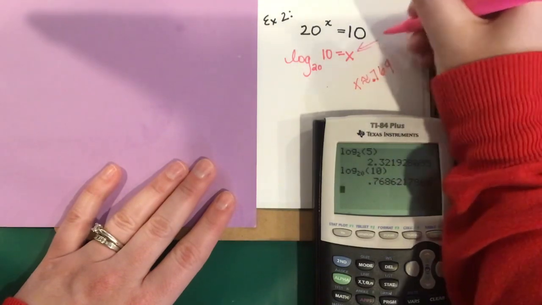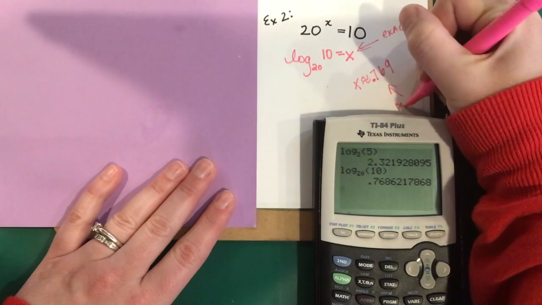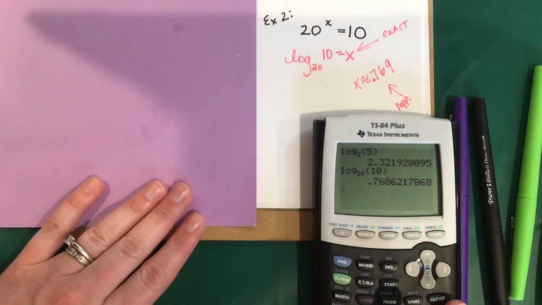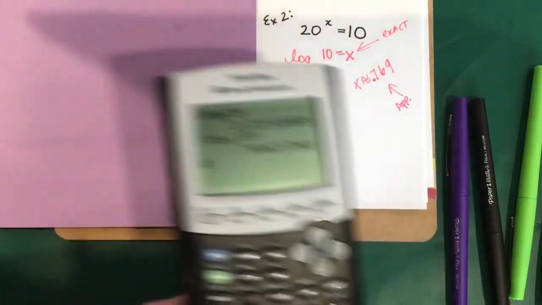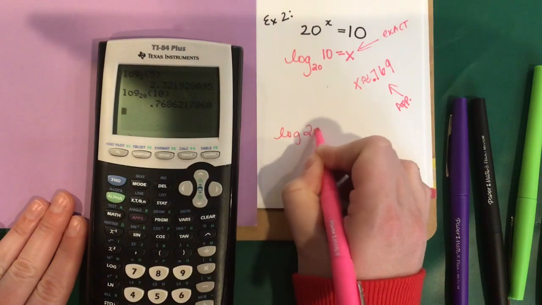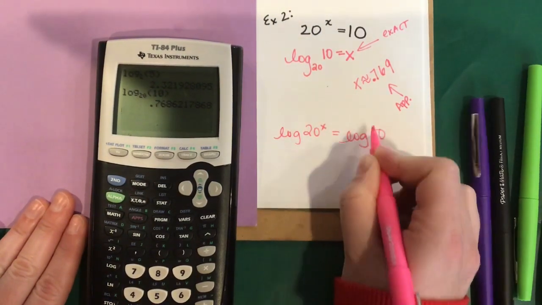Now, this is exact, and this is approximate. But this whole concept is the reason that we have logarithms. Now, I also could have taken the log of both sides. So I get the log of 20 to the x equals log of 10.